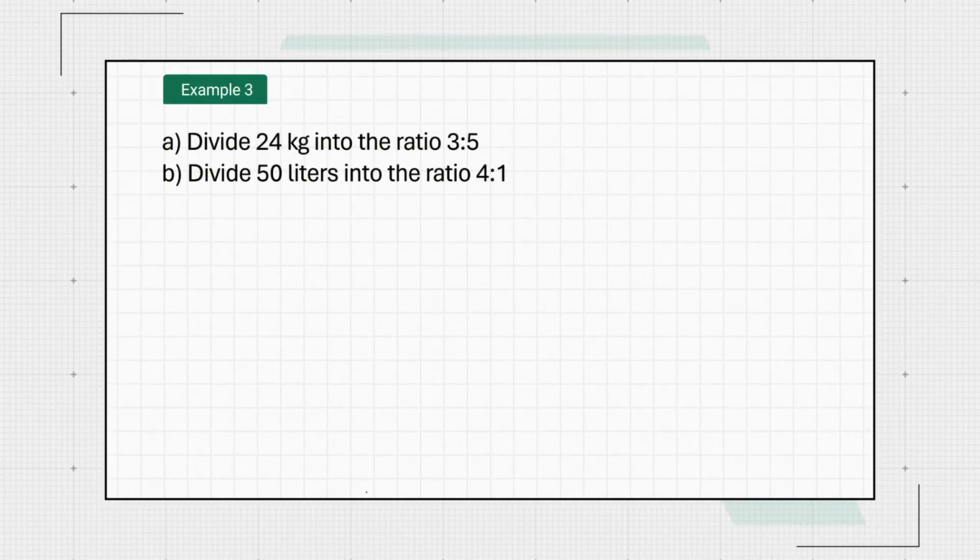Okay, for our final example, we're going to be looking at a skill involving dividing a quantity by a given ratio. So if we look at part A, we're dividing 24 kilograms into the ratio 3 to 5. Right. So for A, we're going to first determine the total parts.